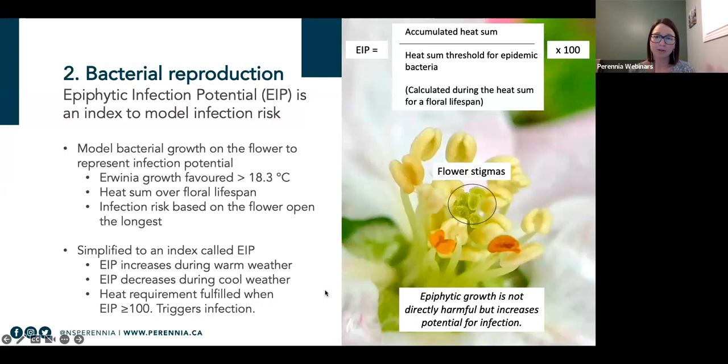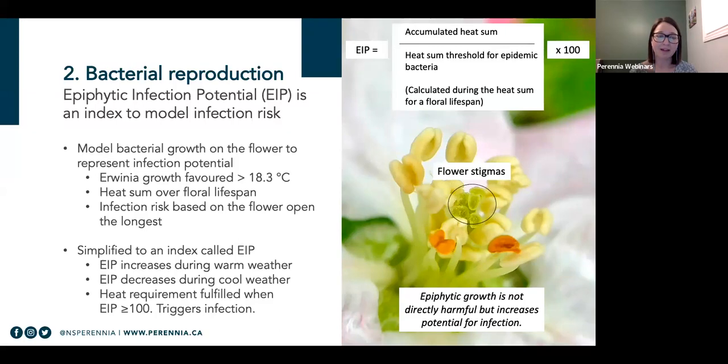Okay, so the bacteria are growing on the floral stigma, and so the next step to talk about here is that bacterial reproduction. I let you know that the bacterial growth is called epiphytic growth. So the Blight model uses this term epiphytic infection potential, which is abbreviated EIP.